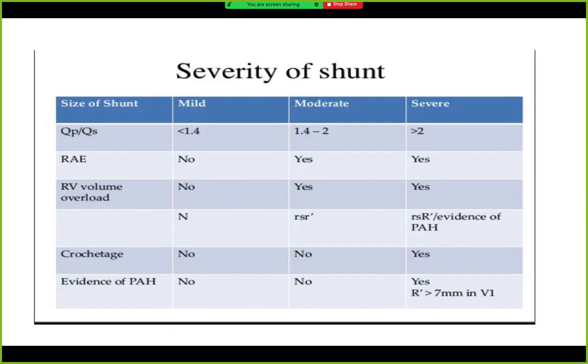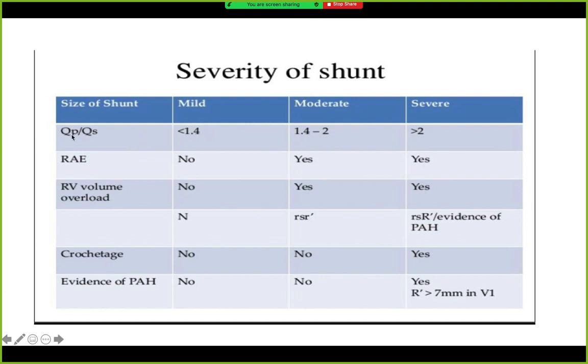One of the important things we are all concerned about is the severity of the shunt. It will depend on how the shunting is happening. It can be mild, moderate, or severe.